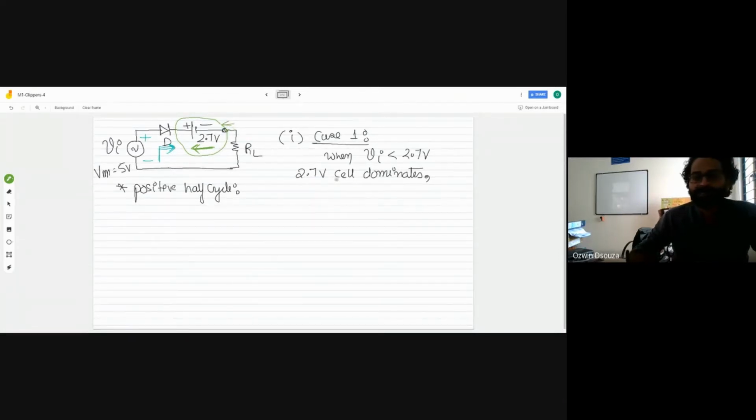If the 2.7 volt cell dominates, then what happens to the diode conduction? As you can see, the positive terminal of this cell is connected to the cathode. Hence the diode gets reverse biased.